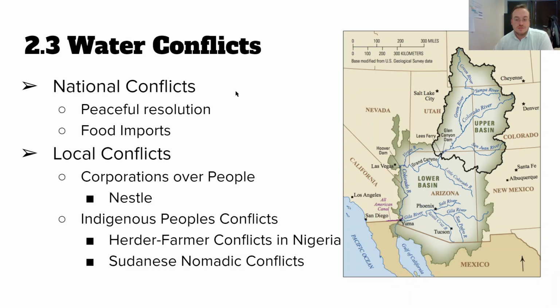Much more, I don't want to say normal, right? But reasonable solutions are usually implemented. There hasn't been an actual war for water in quite a long time, as far as I could find. A lot of times, this is based in food importation as well.